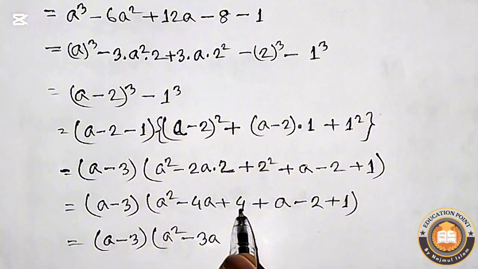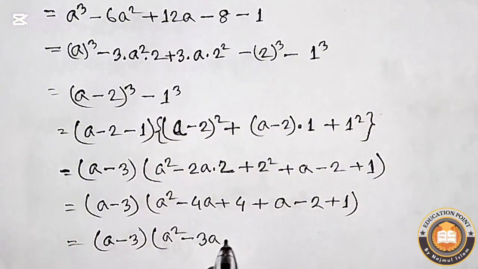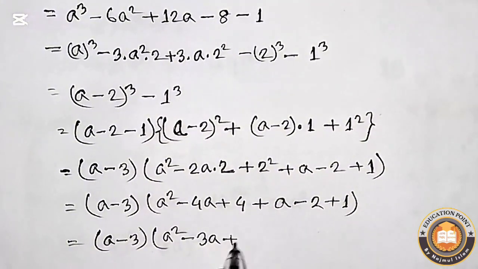Simplifying the values of plus 4 minus 2 and plus 1 equals plus 3.